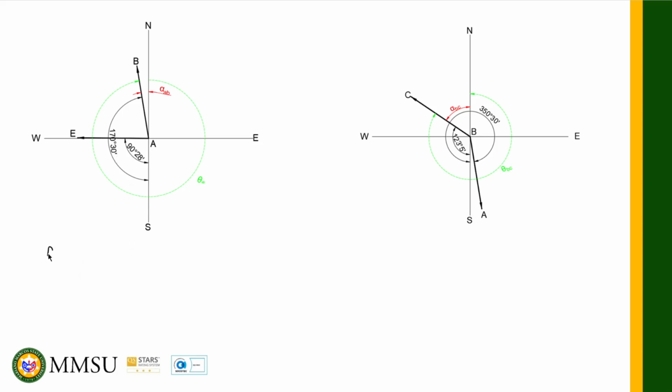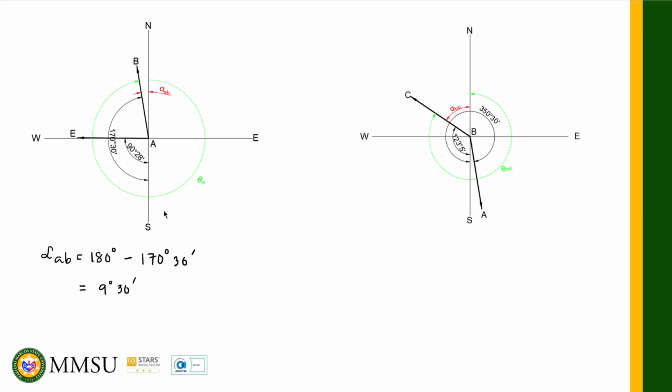So alpha AB is equal to 180 degrees minus 170 degrees 30 minutes, so alpha AB equals 9 degrees 30 minutes.